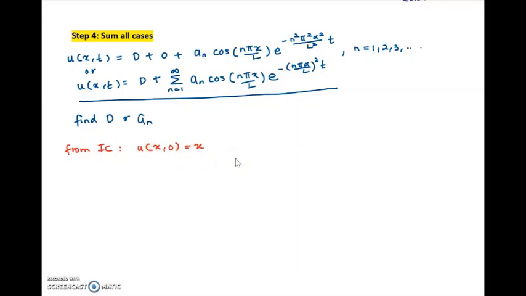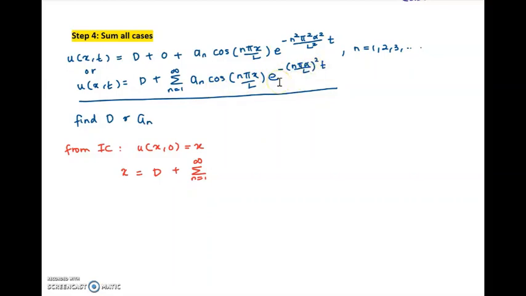At the left, we have x equals D plus the summation. We substitute t to be 0, so the exponent becomes exponent of 0, which is 1.